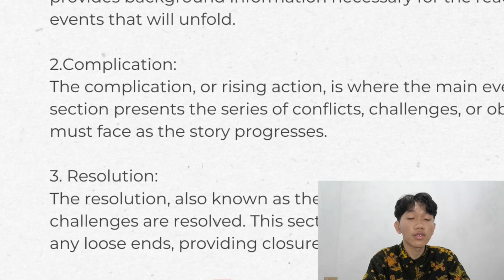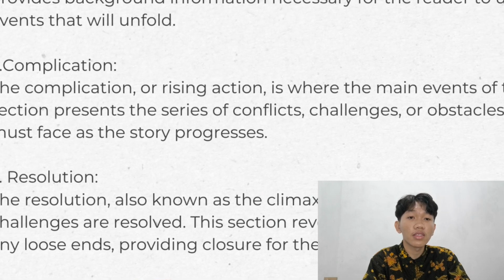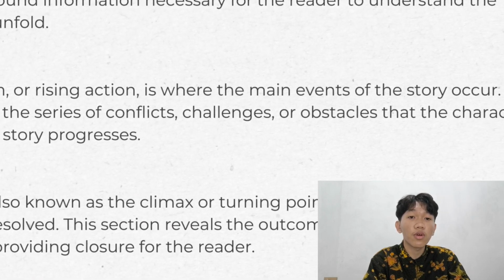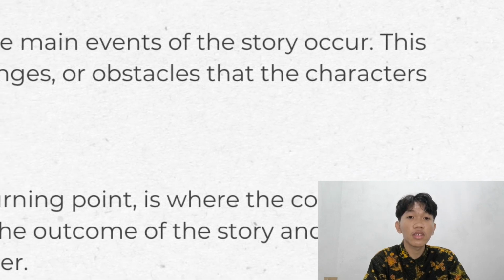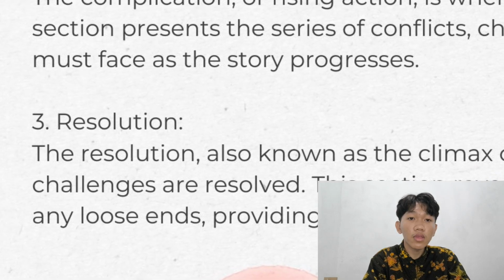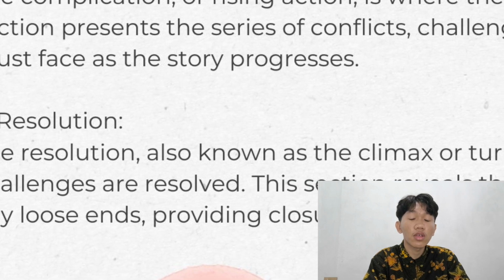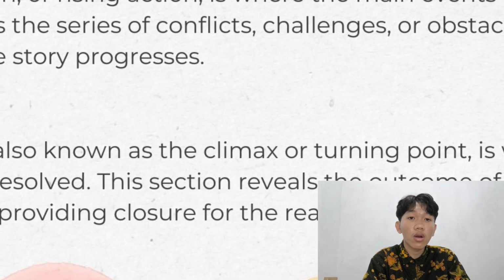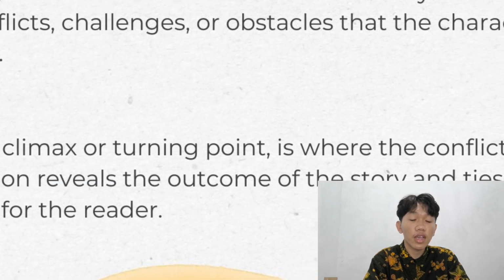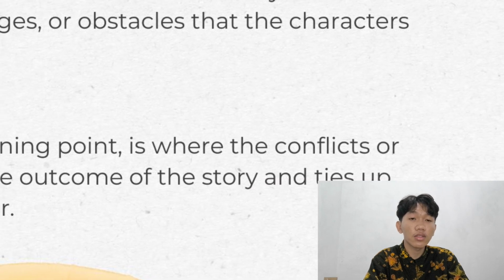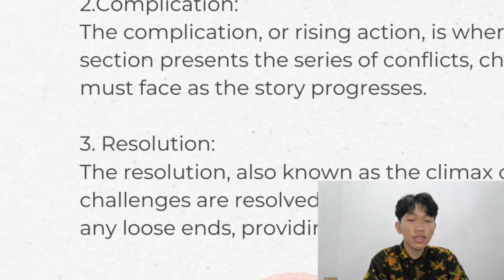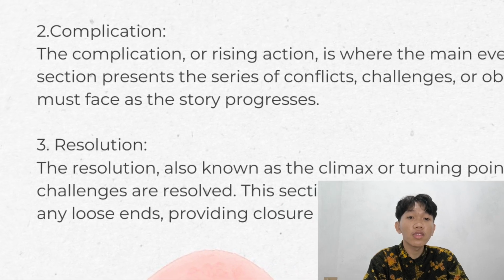The resolution, also known as the climax or turning point, is where the conflict or challenge is resolved. This section reveals the outcome of the story and ties up any loose ends, providing closure for the reader.